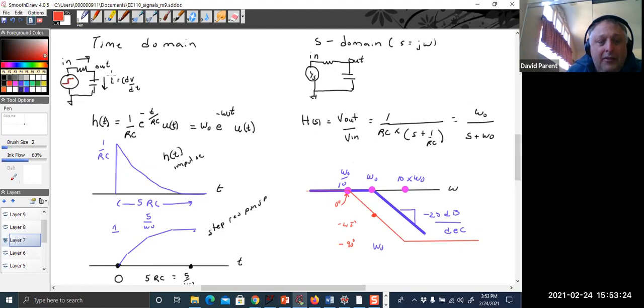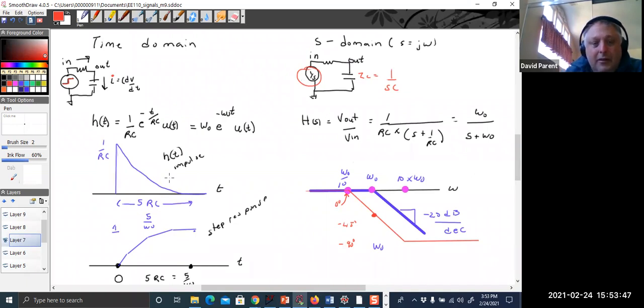How do I solve it? Well, I solve it with time domain differential equations in calculus. Here's the S domain. I'm using the impedance, and I've taken the Laplace transform of a step.